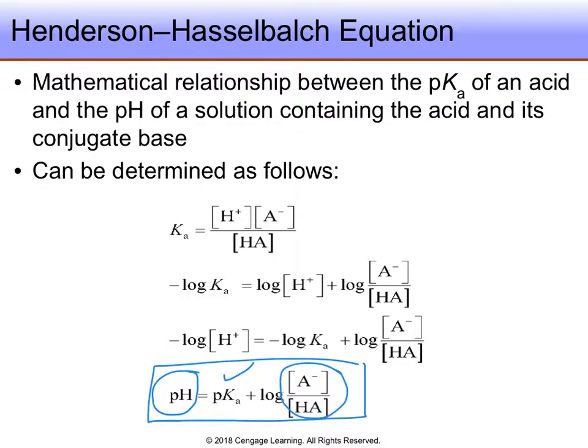Okay? And the reason why this is important is because in biochemistry and in most biological systems, we're not looking at a strong acid and a strong base, but we're looking at a weaker acid or something that might be buffered. So a situation that's biochemically relevant requires the use of the Henderson-Hasselbalch equation.